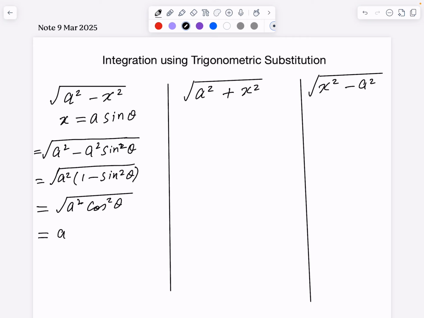And then cosine squared theta under the square root is the absolute value of cosine theta. But for example, if we have this angle from minus pi over 2 to pi over 2, then cosine is going to be positive, and we can pull it out of the absolute value.